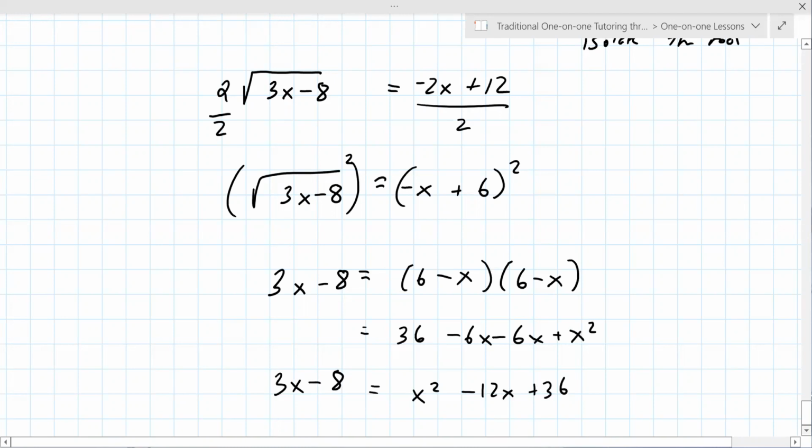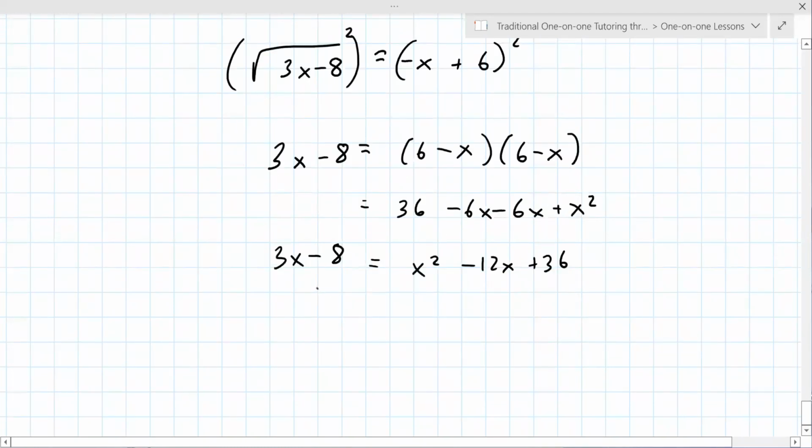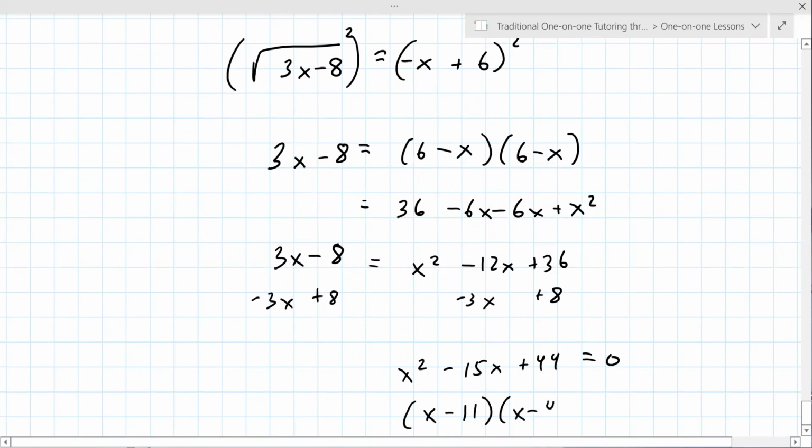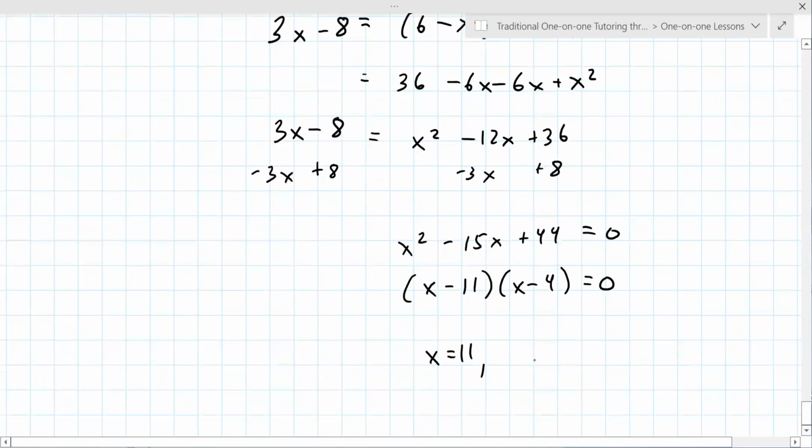So now it kind of looks like one we've already been doing. Add 8 to both sides, subtract 3x. x squared minus 15x plus 44 equals 0. So it ends up, believe it or not, working out to x equals 11 and x equals 4.